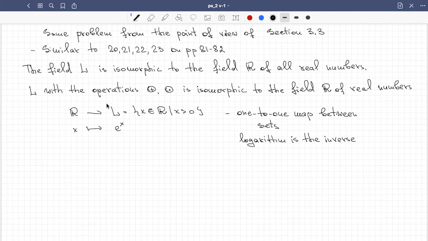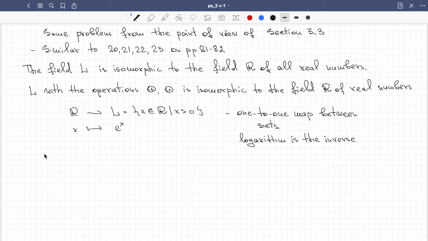You label elements of R with elements of L. You add two elements of R. What happens with the corresponding elements of L? Not corresponding, these are the same.